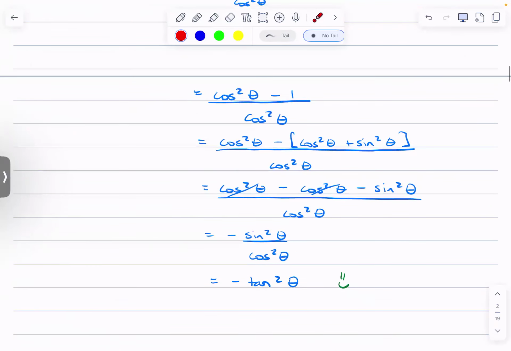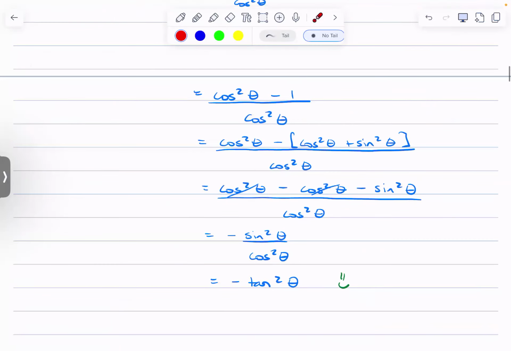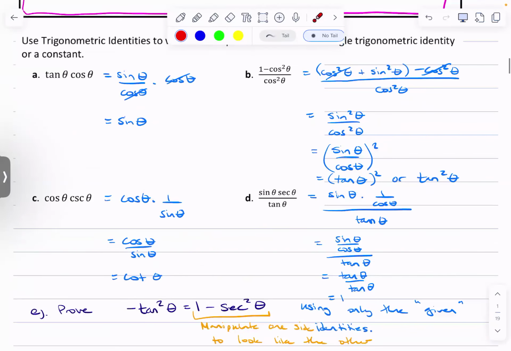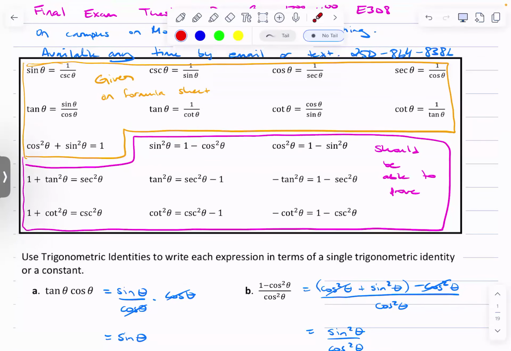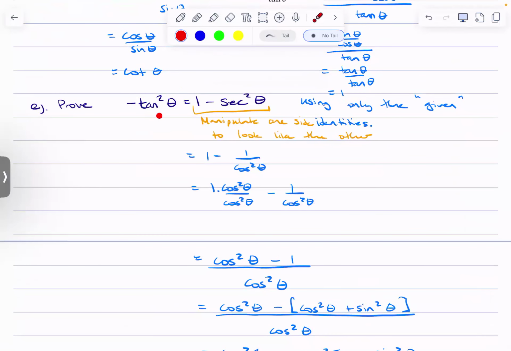We can just choose any way to prove it, right? Mm-hmm. As long as what you're substituting is true, and you're only using those given functions, then you're good to go. Because I changed the tan squared theta to the secant squared theta minus 1.